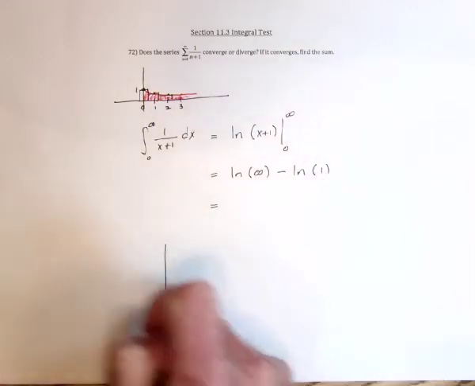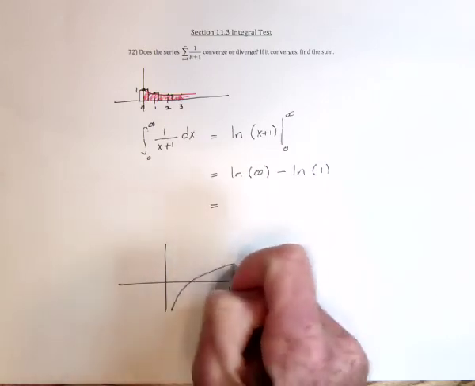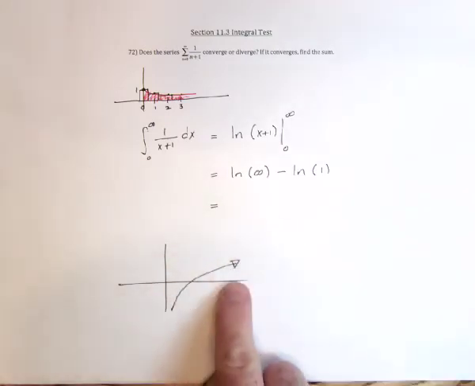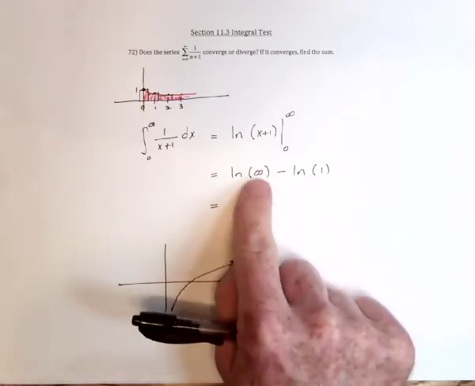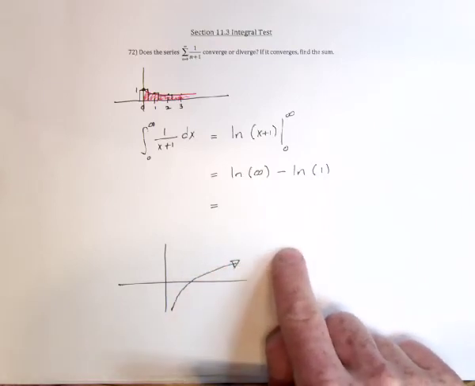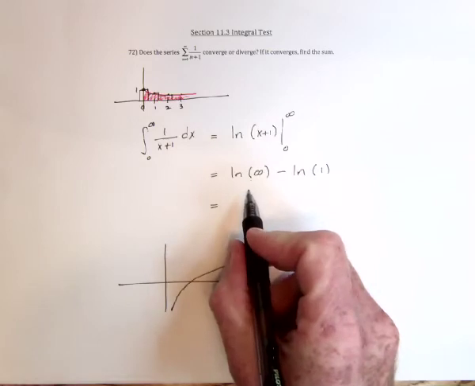So the natural log function looks like this. As x goes to the right forever, or in other words, as x goes to infinity, what does the natural log function do? It goes up and up and up. It doesn't do it very quickly, which is an important point in this chapter, but it does go to infinity. So that means this is going to be infinity.